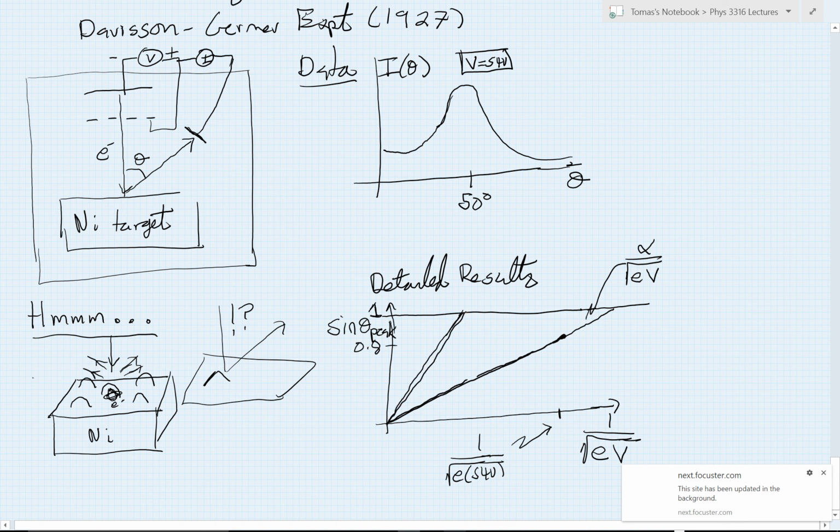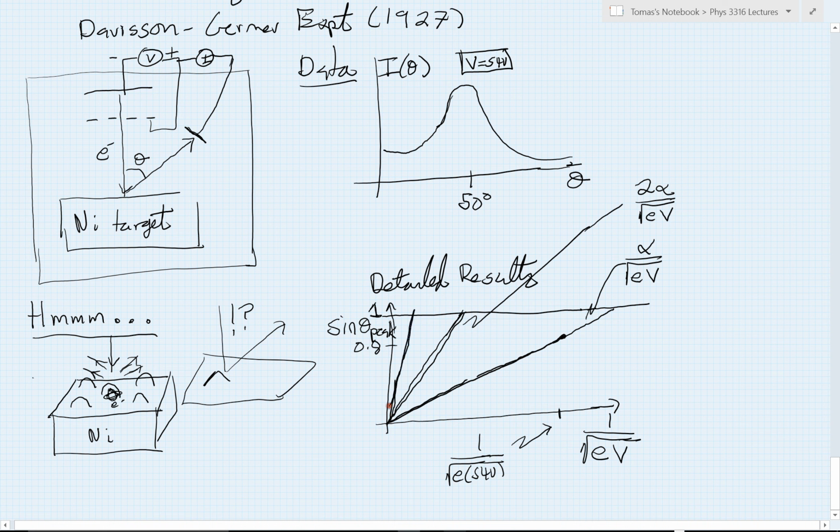And that also has a particular functional form associated with it, but the freaky thing is this has a slope that is exactly twice the previous slope. An integer times it. And there's more. There's another curve that will come in at even higher voltages that will have 3 times the slope. So this will be 3 alpha over the square root of EV.